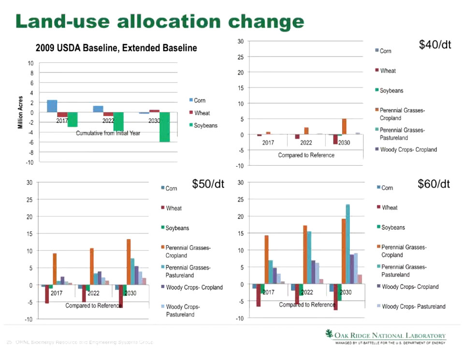So when you see $40, $50, and $60, like we were just to focus in on the $60 mark, we do see reductions in corn, wheat, and soybeans, and increases in the highest point, perennial grasses on cropland in 2017. Now in 2030, we see pasture land really making up the largest in this category of land use allocation.